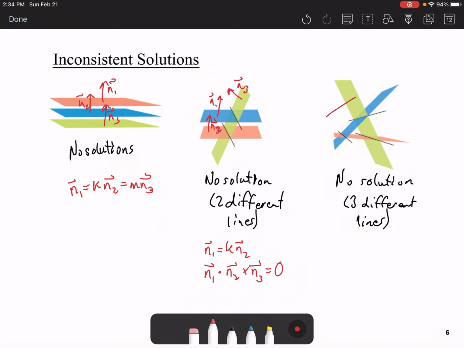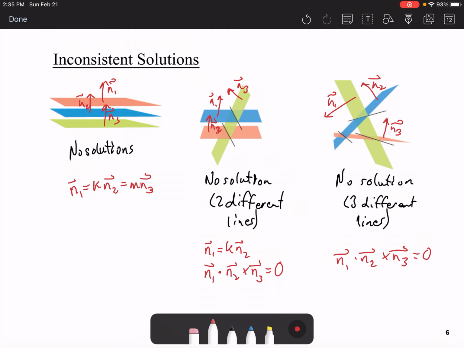The third instance is very similar to the one with infinite solutions: these normals are again coplanar. So they all fit within the same plane.